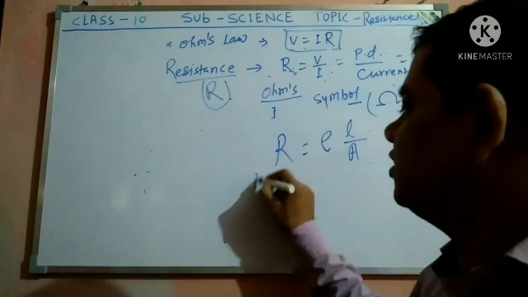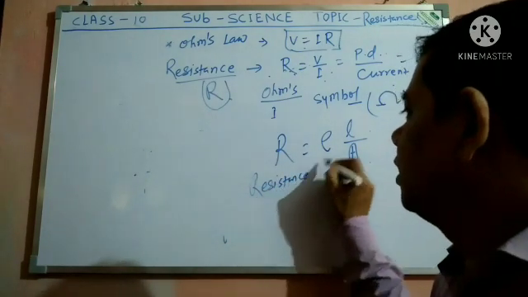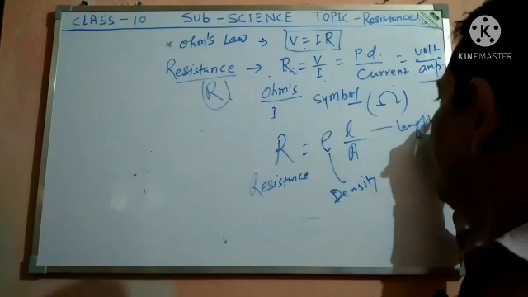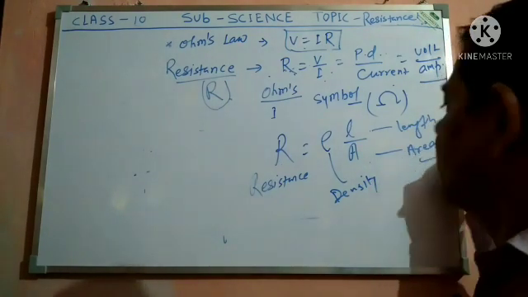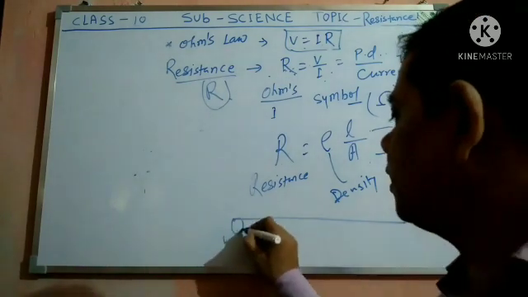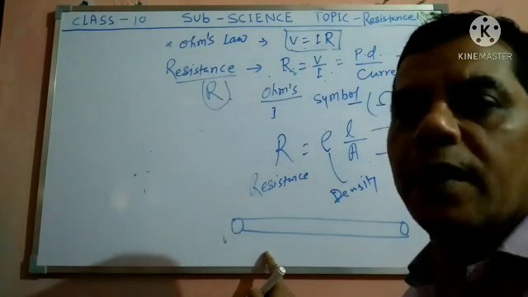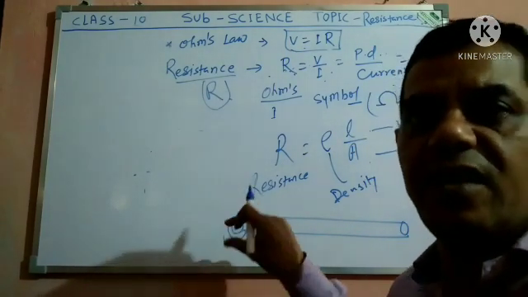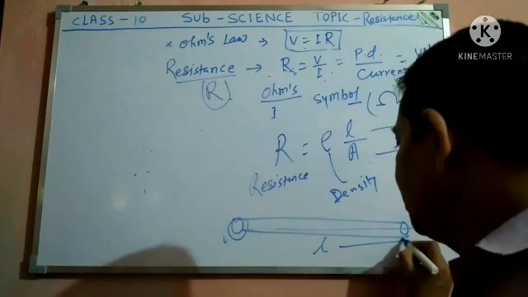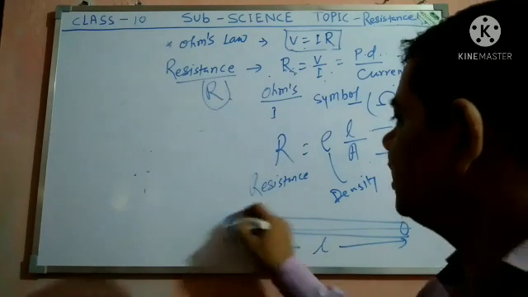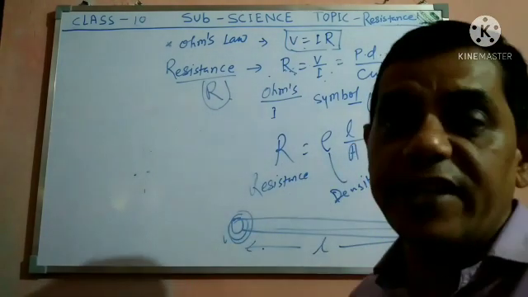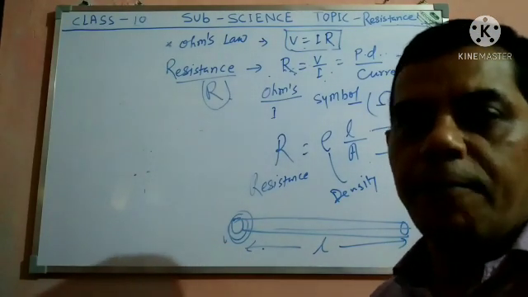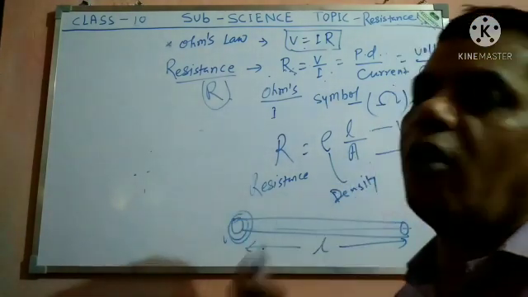It depends on the conductor wire: its cross sectional area, meaning its thickness, and how much length the wire has, and the density of the material. Different materials make the conductor wire, so their densities are also different.